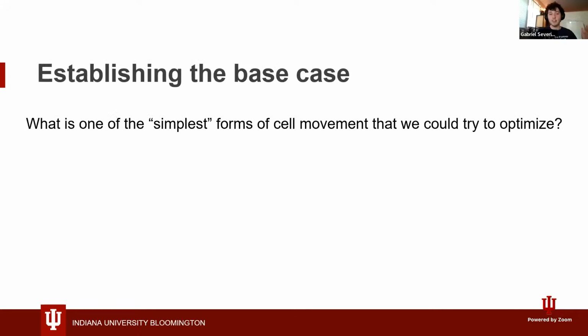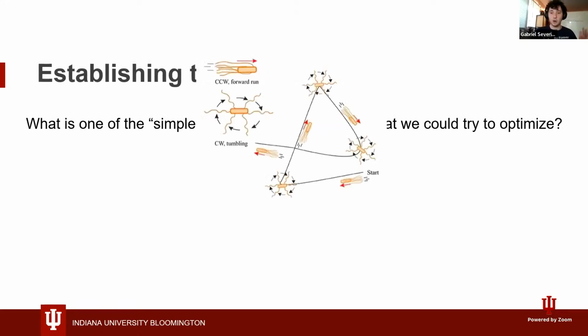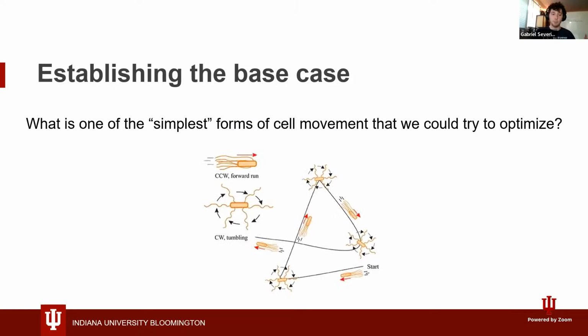So again, establishing that base case, I decided to go with the run and tumble simulation because it was a straightforward way and wasn't going to be too computationally expensive. But the goal isn't just putting a run and tumble simulation in CC3D. It's whether we can establish some way of putting optimization, deep learning, something like that within CC3D.